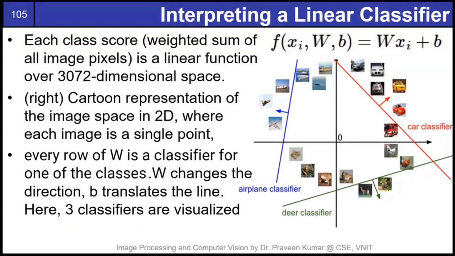If you try to interpret what this linear classifier is doing, it is very simplistic. For example, let us visualize this in a two-dimensional representation, as if our image space was just 2 pixels. So our different images are like samples in this image space, and we are learning a classifier for each class, and those classifiers are linear classifiers.